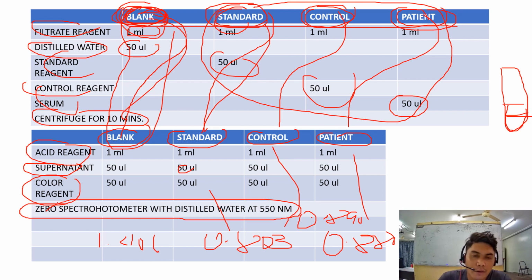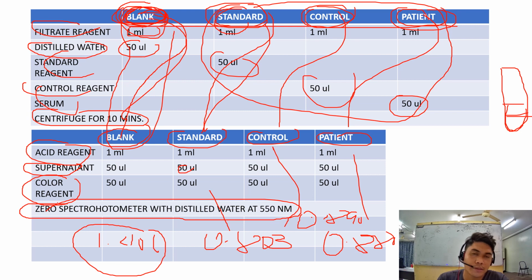Why does the blank have a higher absorbance reading? It's because of the absence of sodium. The concentration of free uranium is higher compared to the other test tubes, which contain sodium.